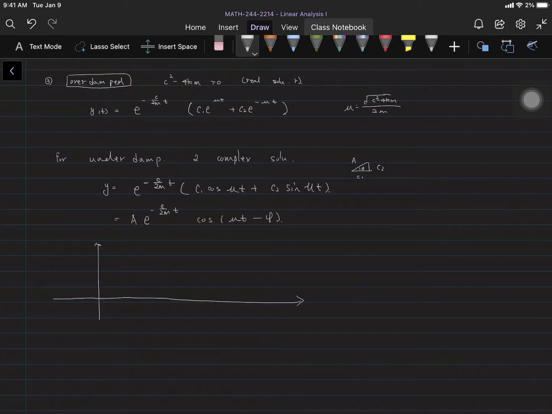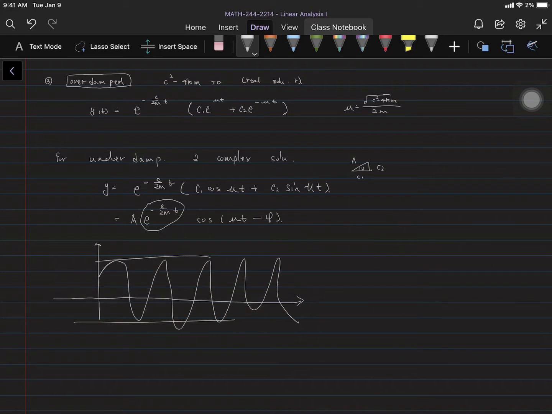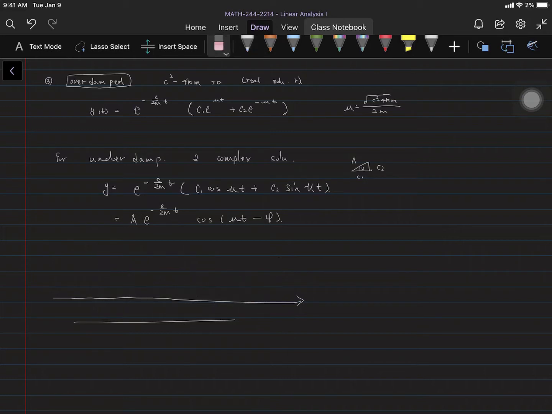At the beginning of class, we did a no damp. No damp means there is no this term, so our oscillation is going to be from negative A to A like this, right? But here, our solution has e to something, and we know exponential function, and e to the negative power is decreasing.